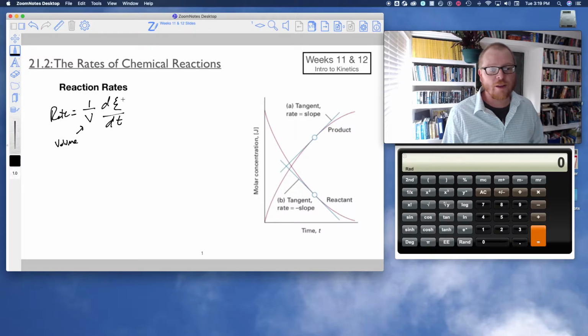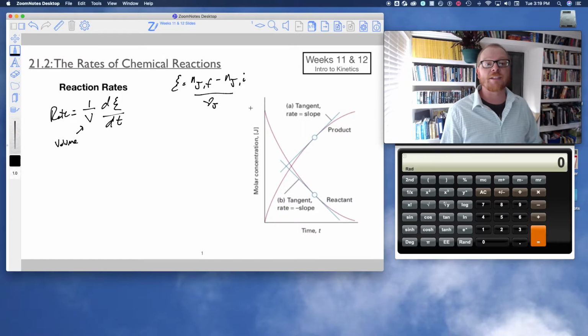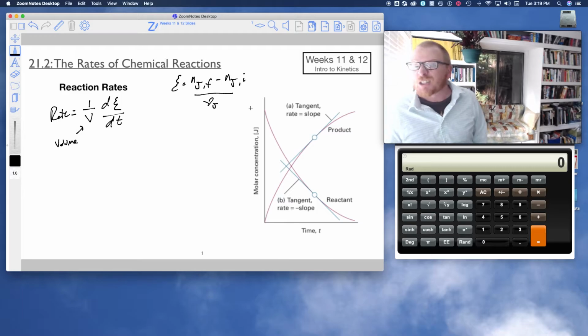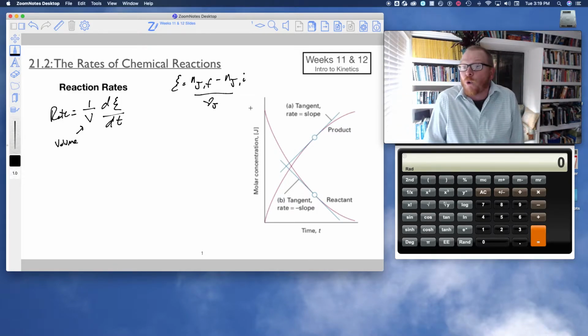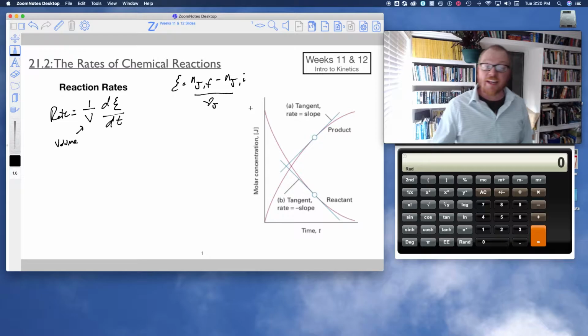And if you recall, this ξ that we calculated is called our extent of reaction, which by definition is going to be the number of moles of species J under final conditions minus the number of moles of species J initially, all divided by its stoichiometric coefficient. So it's basically how many moles have reacted, in addition to its correct stoichiometric ratio.